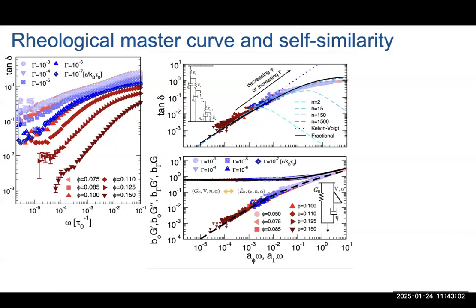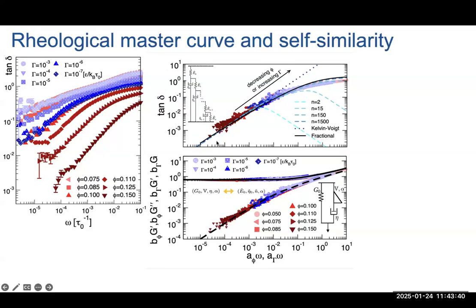So this clearly tells me that in spite of the disorder, in spite of these gels seemingly going all over the place, there is a hierarchical organization of viscoelastic elements embedded in this structure, which is the same across all of my gels. And in fact, I can keep this rescaling of my x-axis and then rescale the y-axis for G prime and G double prime to confirm that this behavior actually corresponds to the whole viscoelastic spectrum of the system.